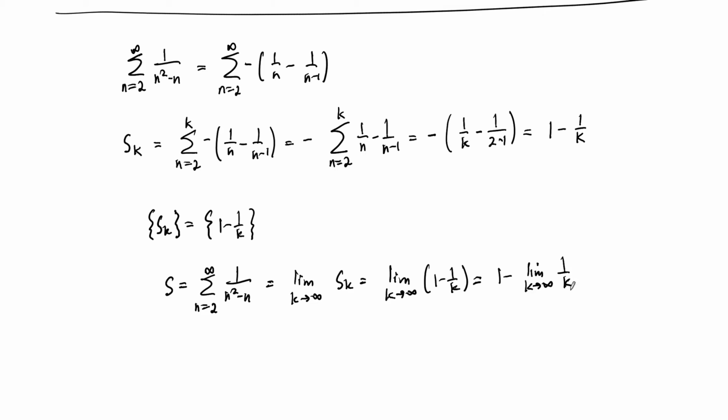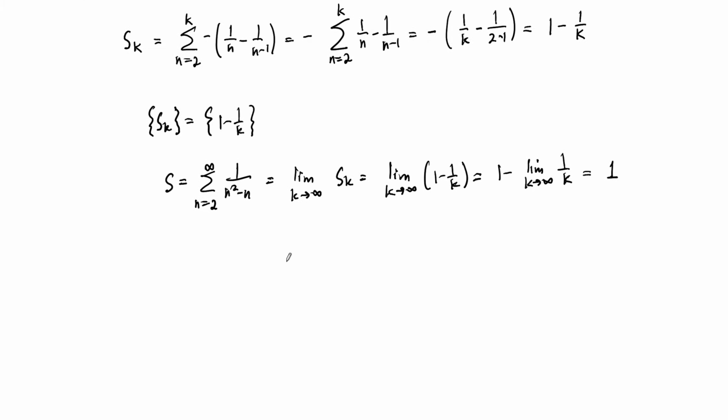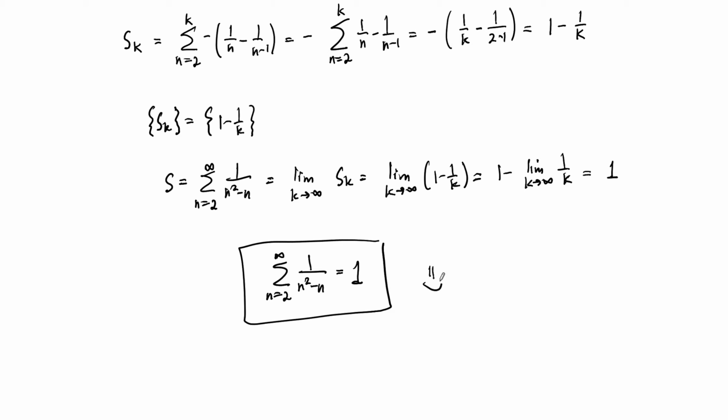As k gets very large, 1 over k gets very small, and this limit just equals 1. And so, with all this work, what we've shown is that the sum, n goes from 2 to infinity, of 1 over n squared minus n is just equal to 1. Convergent series adds up to 1.